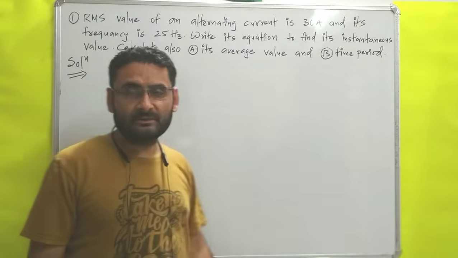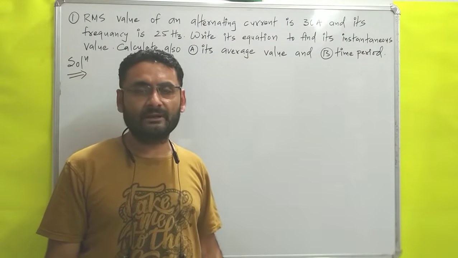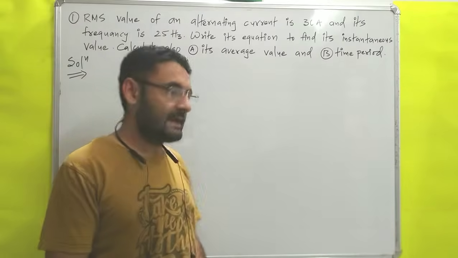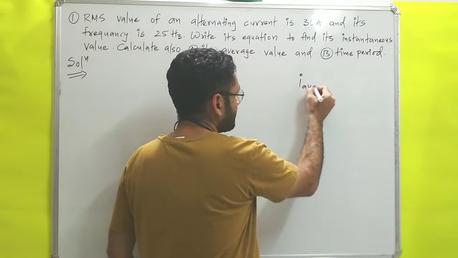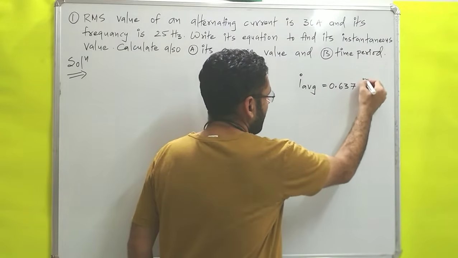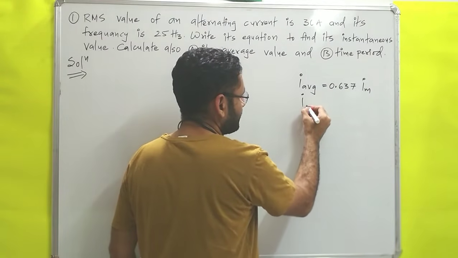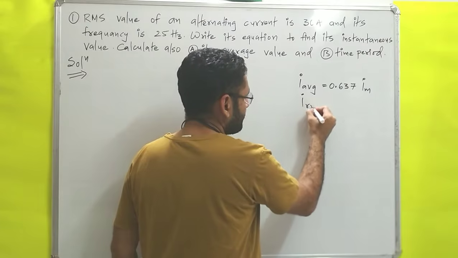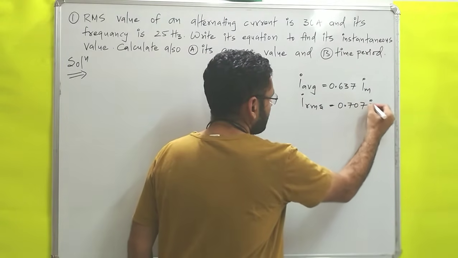Before starting the numerical, you should remember certain equations that we have already derived in our previous video lectures. For example, you must know the value of average current, which is 0.637 of Im. Next, the RMS value of current is 0.707 Im.